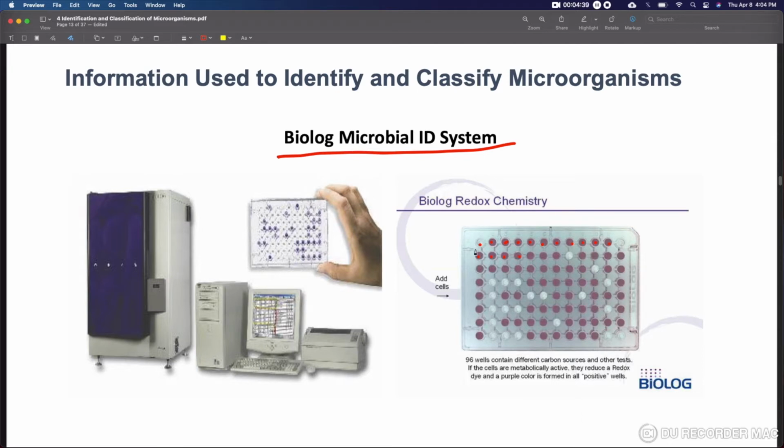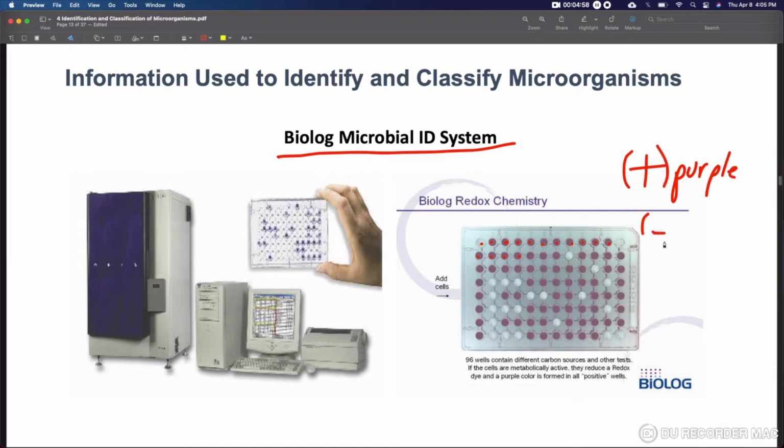You will inoculate your organism in that plate. So what's happening here is you will just check for the change in coloration. Okay? If it is positive, it will get the color of purple.